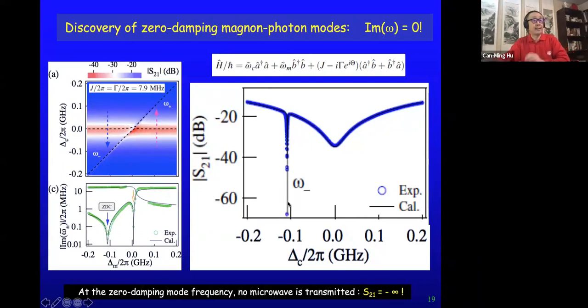The linewidth of this hybridized mode is actually much smaller than the Gilbert damping tells you. That means this mode is indeed a coupled photon-magnon mode. It's no longer a pure magnon mode. And in fact, if you look at the transmission at that mode frequency, the transmission actually goes to minus infinity, which means at that frequency, there is no transmission. And the linewidth approaches zero, an infinitely thin mode.